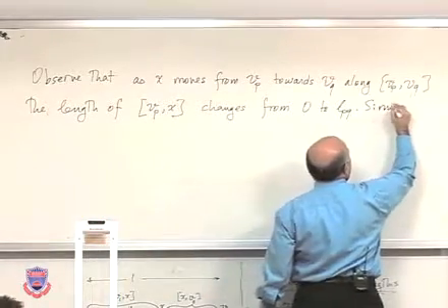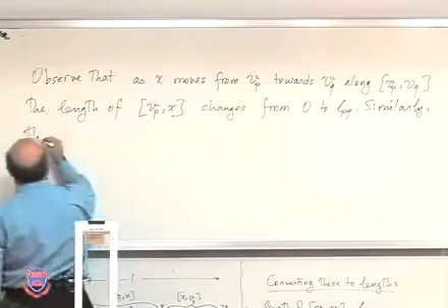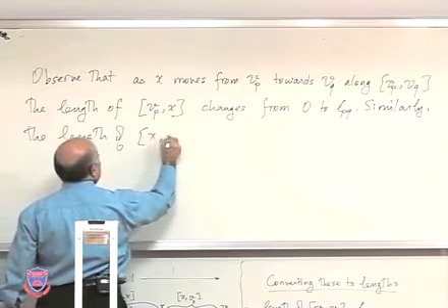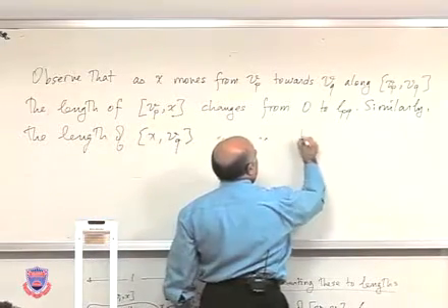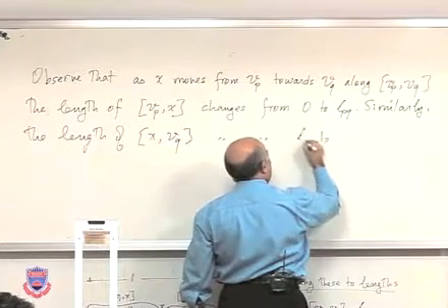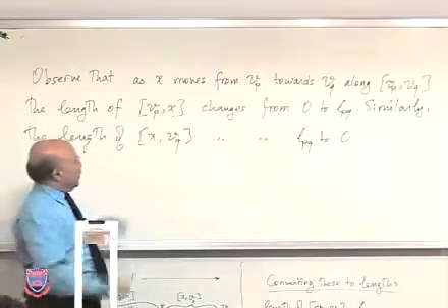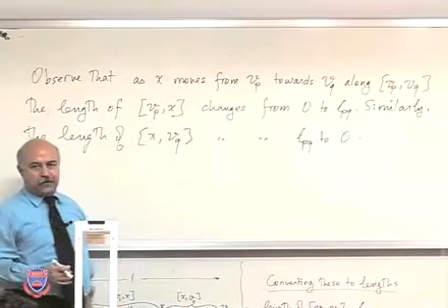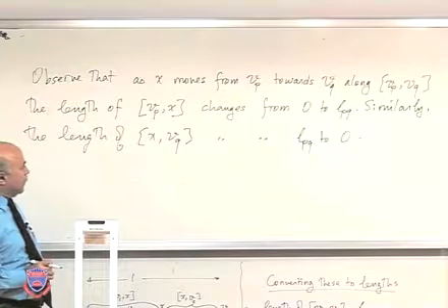Similarly, the length of subarc x to vq changes from Lpq to 0. Initially, when x is vp, of course, the entire length is consumed, and then it starts decreasing and finally gets down to 0.